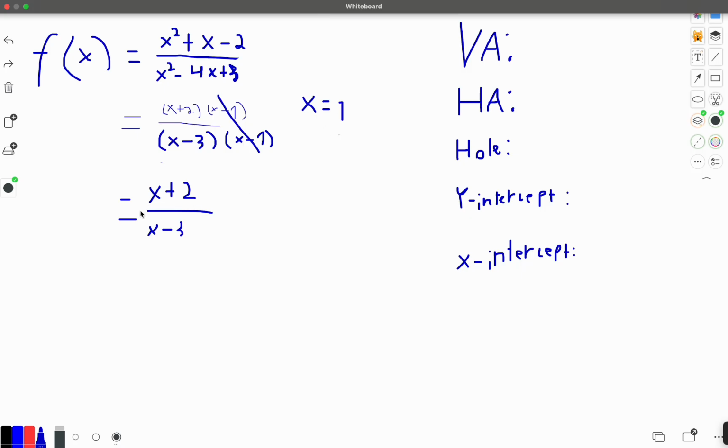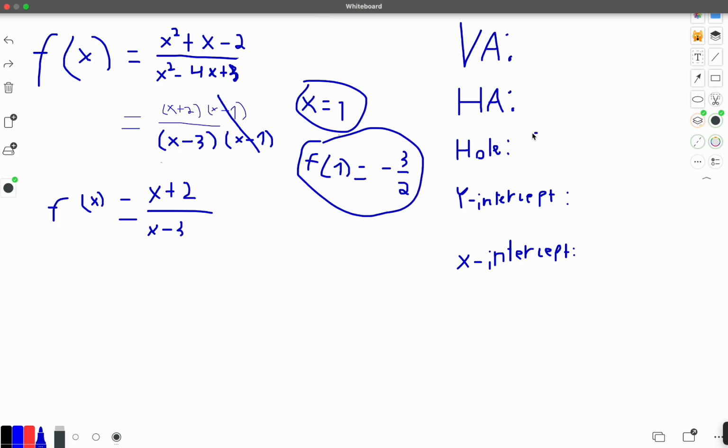So if we plug in x equals 1 into our final version of f of x, we are going to get f of 1 equals negative 3 over 2. Okay, perfect. So we have our x coordinate for the hole, and we have the y coordinate for the hole.